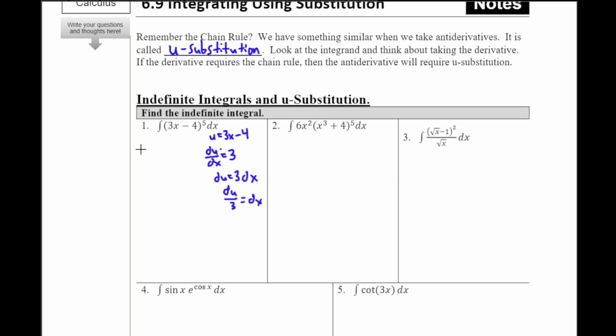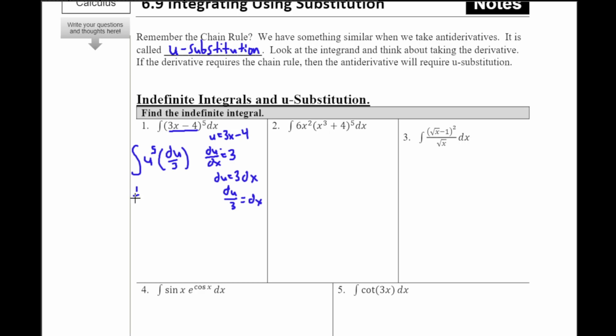Now you can rewrite this integral. u is 3x minus 4. So instead of 3x minus 4, just write u to the fifth power. And then dx is just du over 3. So u to the fifth du over 3. And then you can put the 3 on the bottom on the outside.